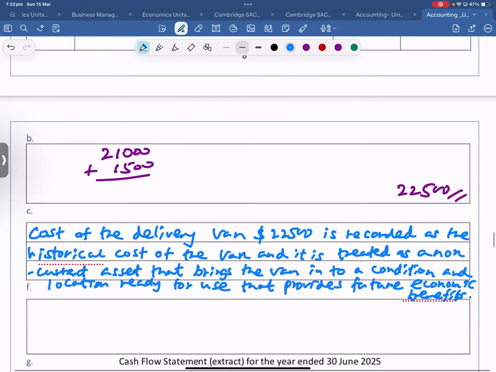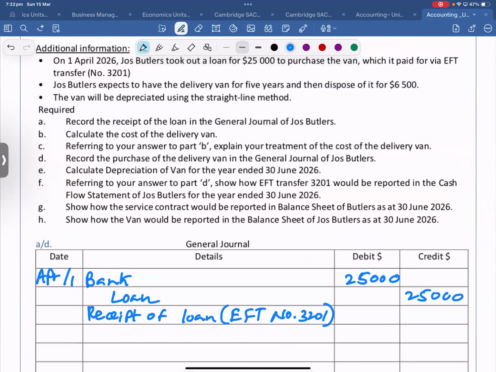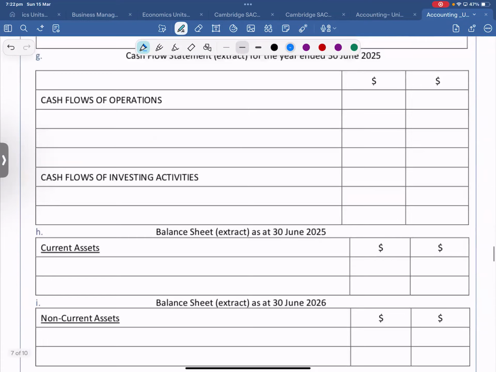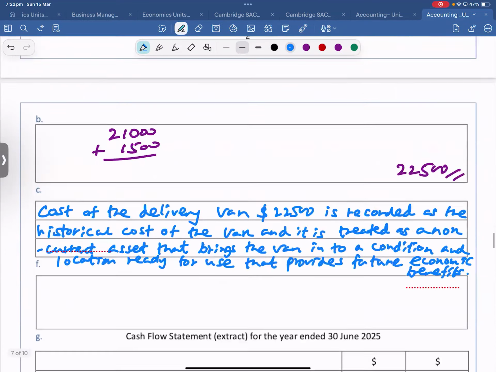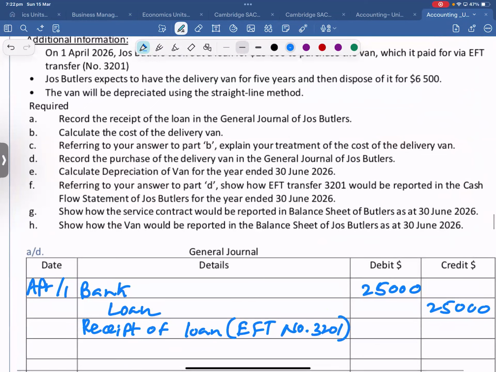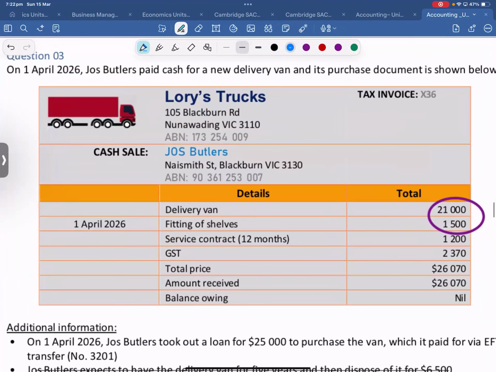Okay, guys, next one. Part D. What's part D? Record the purchase of the delivery van. So what's the purchase of the delivery van, guys? This is the one.